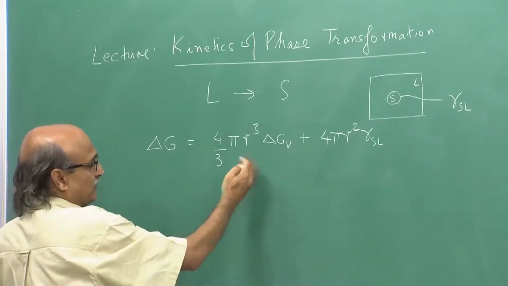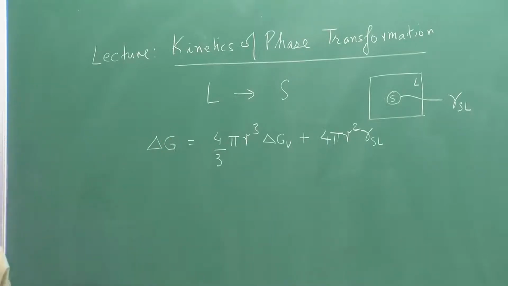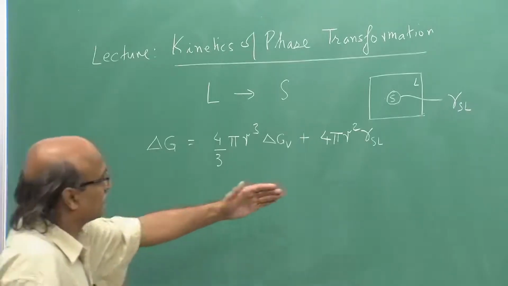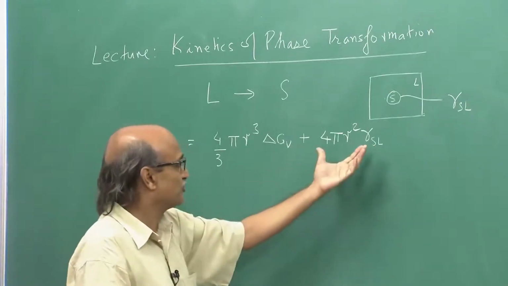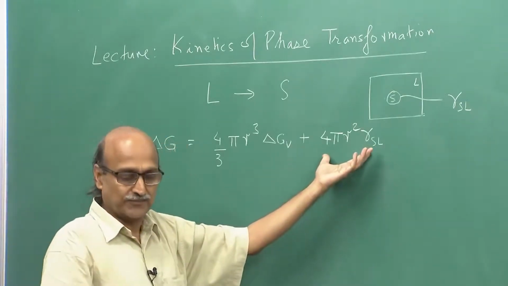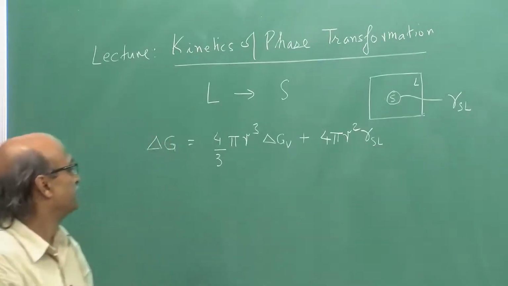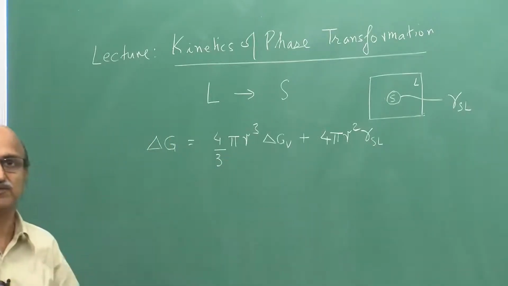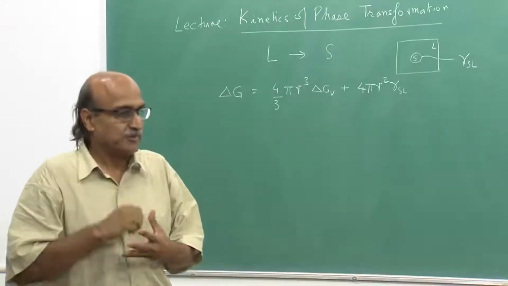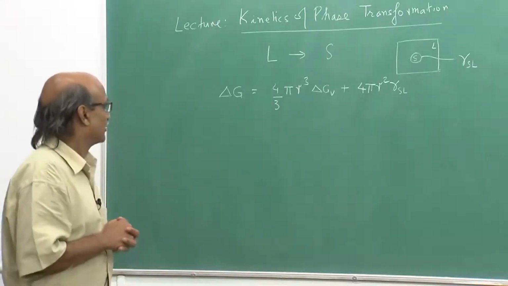In these two terms, the transformation will take place or becomes feasible if delta G is less than 0. Now, the surface or the interfacial solid liquid energy is always positive, so therefore, this second term remains positive. However, delta GV would be negative if the temperature is below the transformation temperature.